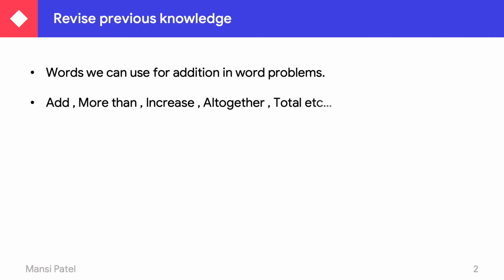Let us see. For the addition in a word problem, there are words like add, more than, increase, altogether, total, etc. These all words represent that in that word problem you have to do the addition.